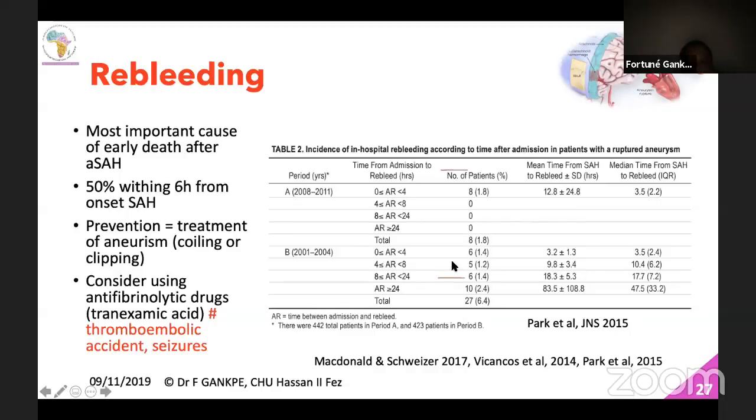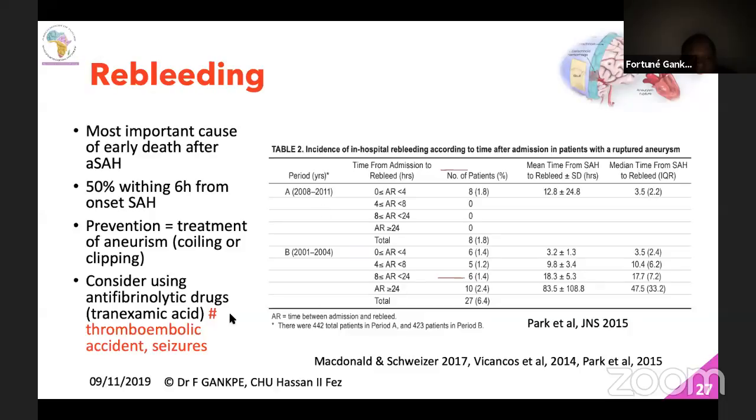On this table, which I took from the article from Pack and collaborators, they built the paper for the research on 2 periods. Group A, from 2008 to 2011, patients were treated very, very early, before 24 hours.